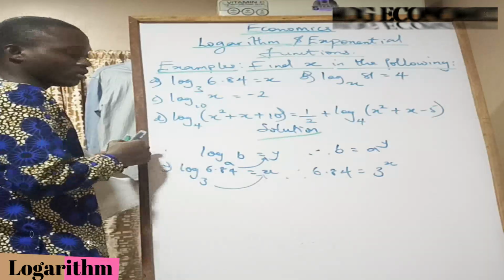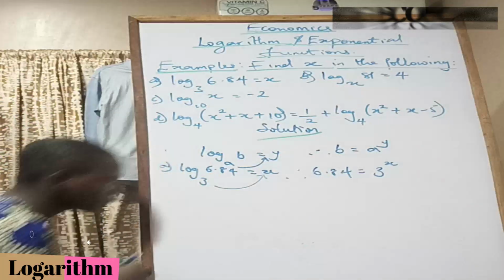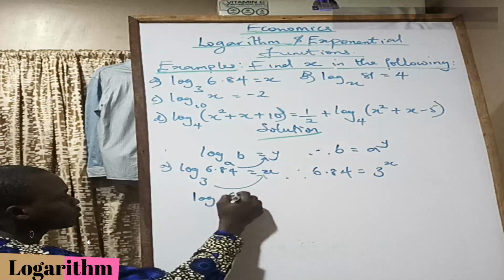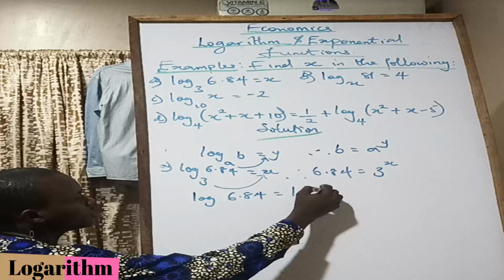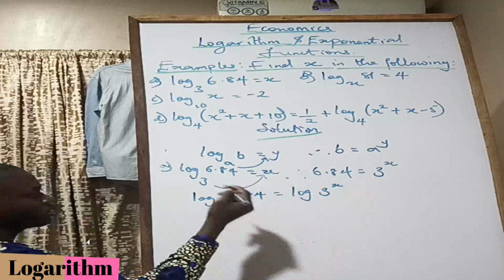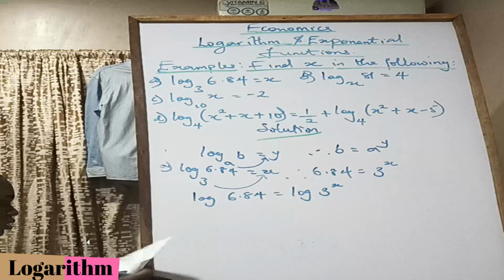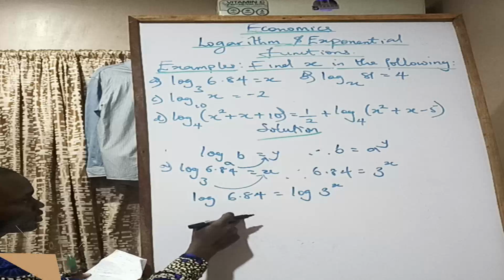We can just take log of both sides. So you have log 6.84 equals log 3 raised to the power x.